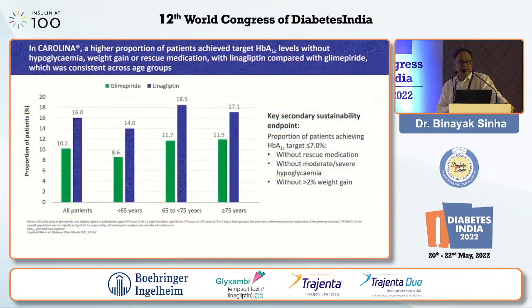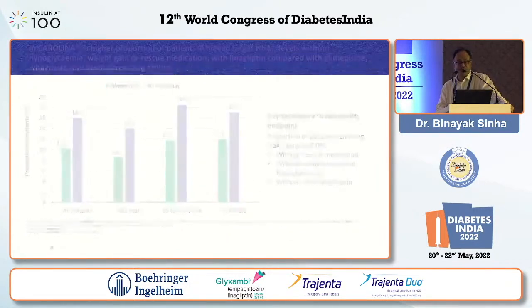Not only that, if you look at the key secondary endpoint, the proportion of patients who achieved an HbA1c target of 7% without any further treatment, without hypoglycemia, or without weight gain was statistically, and as you can see clinically, quite significantly higher with linagliptin regardless of age, all across the board.